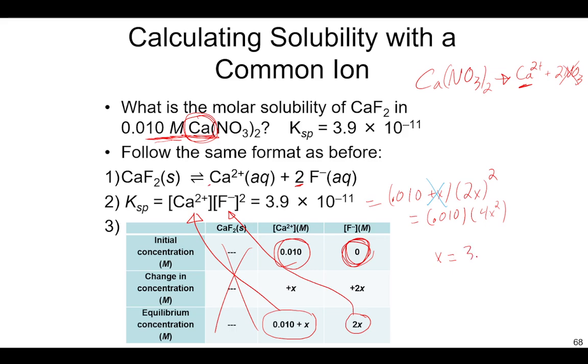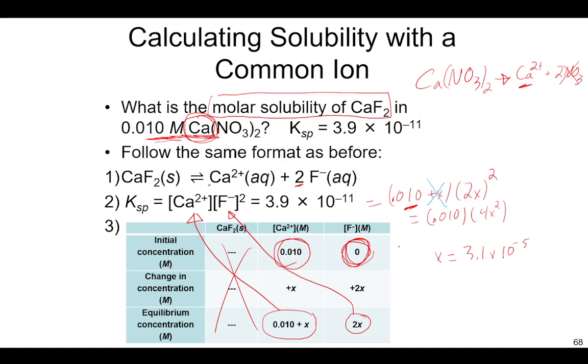You can check that it's going to be less than 5% of the thing you neglected it with. It still passes that test. But the x here will be 3.1 times 10 to the negative 5. Now, let's look back and think about what that x represents. Well, 0.01 plus x represents the calcium concentration at equilibrium. 2x represents the fluoride, but we want the molar solubility of calcium fluoride.